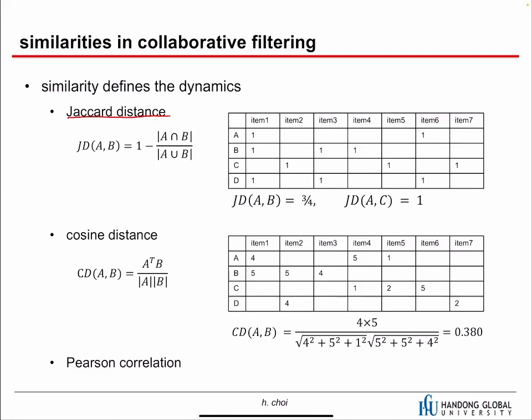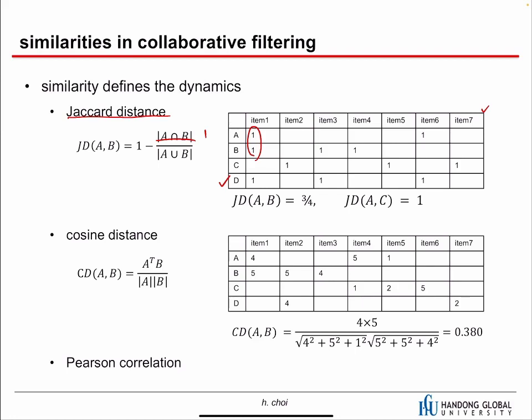So we have 7 items and we have 4 users, and let's calculate the distance between A and B. Okay, so let's check this intersection. So we have one item that A and B both like. Okay, that is 1.